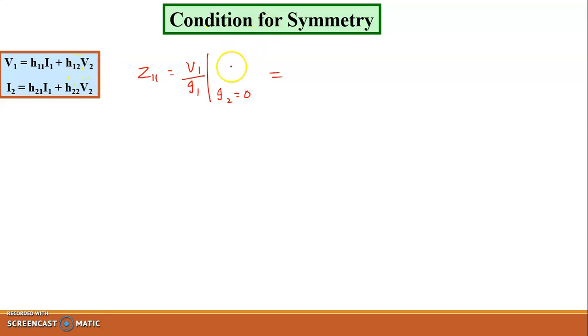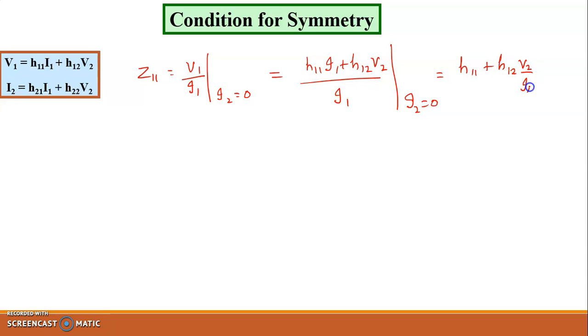So Z11 is equal to (H11 I1 plus H12 V2) divided by I1 at I2 equal to 0, or H11 plus H12 times V2 by I1.